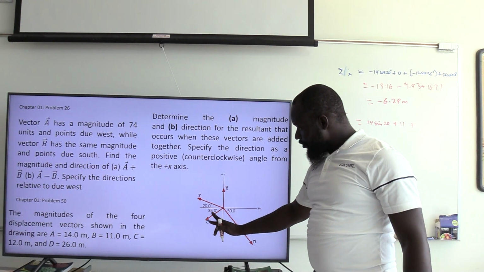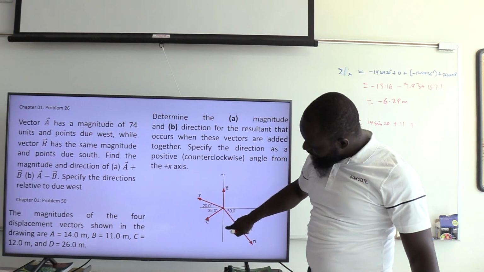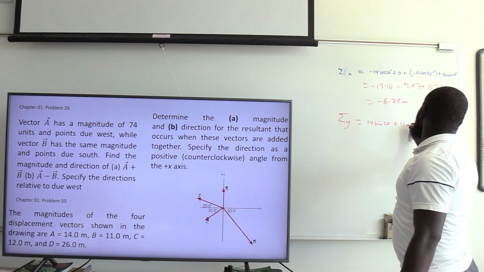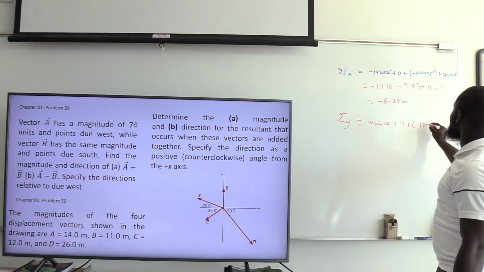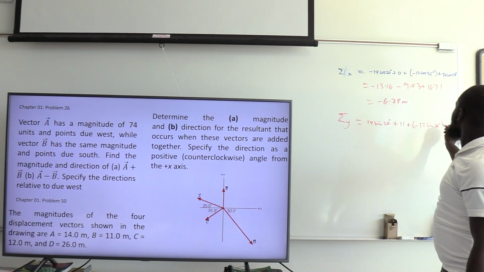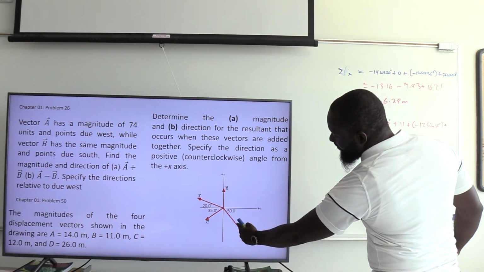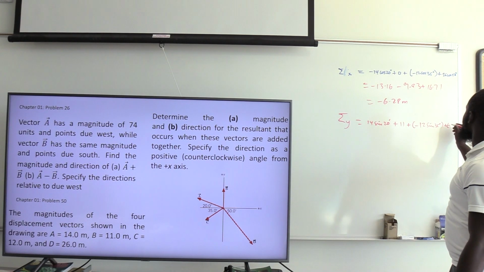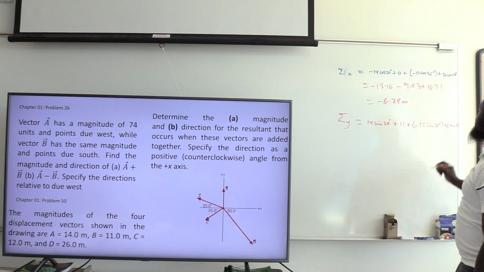C is cosine 35 to the x negative, so it will be sine 35 to the y negative, minus 12 sine 35. Then D is cosine 50 to the x, so it will be sine 50 to the negative y, so minus 26 sine 50.